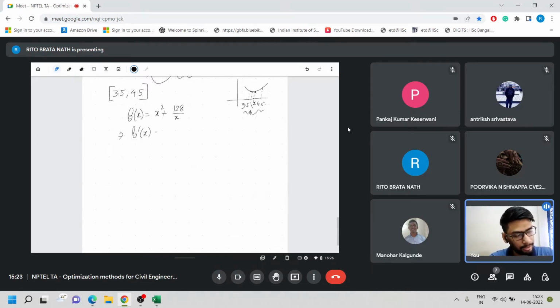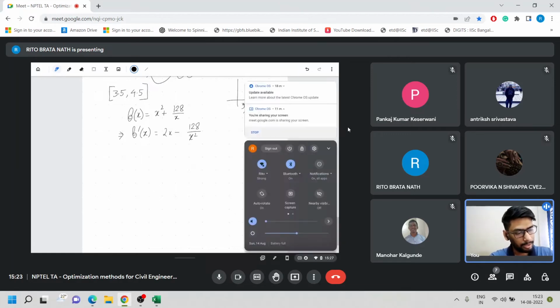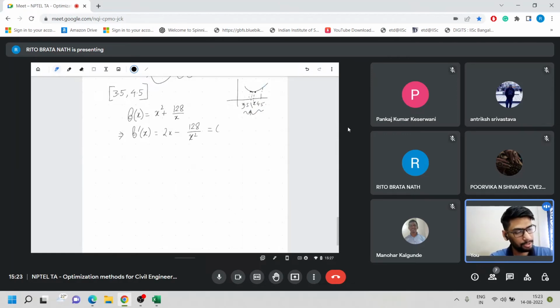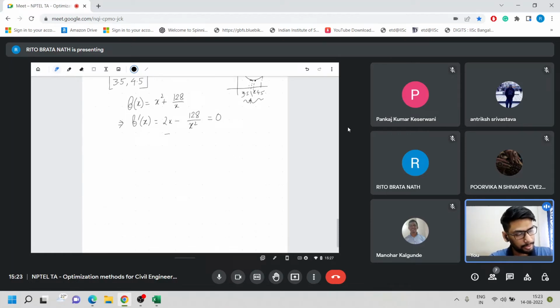So here you will get 2x minus 128 divided by x square. When you set this to 0, you will get x cube equals 64, and x naught equals 0. So one of the roots will be x equals 4.